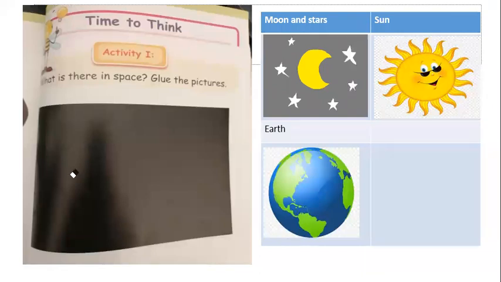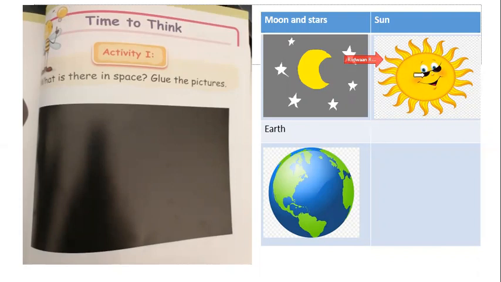Now, we have our space over here, but we have to stick what is there in space. So what did we learn about that we can find in space? The sun, isn't it? The big, big sun is in space.